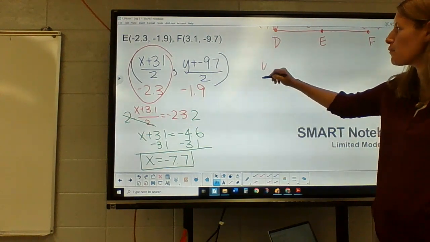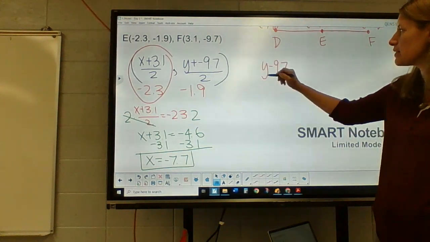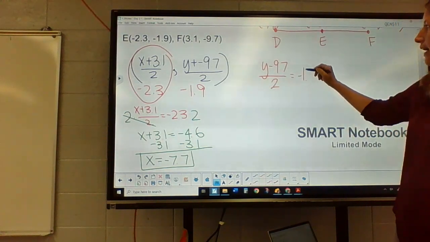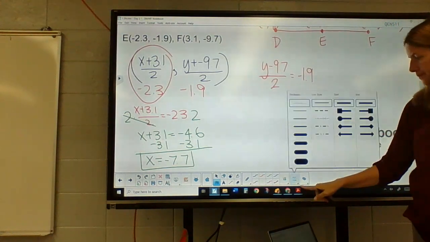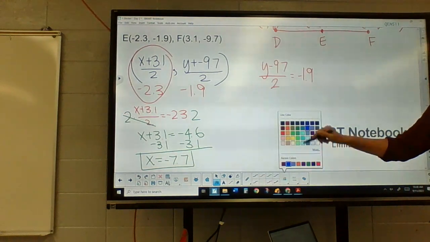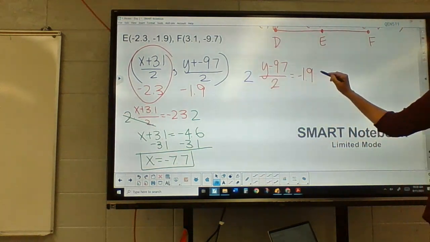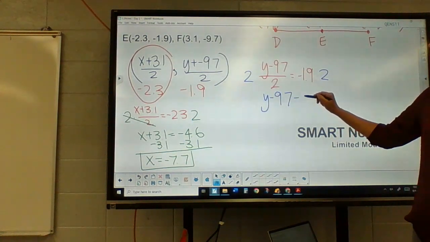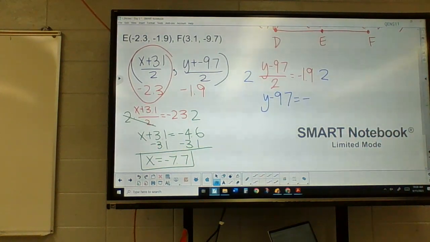All right, and then we have y minus 9.7 divided by 2 is going to equal this negative 1.9. So again, I'm going to multiply each side by 2. What's that?